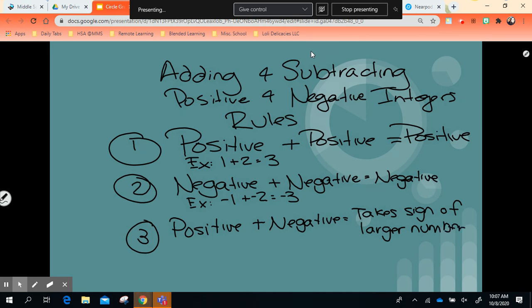And we'll do those two examples down here: negative 3 plus 5, or positive 3 plus negative 5. That will also come in handy when we look at rational numbers. So fractions. Again.